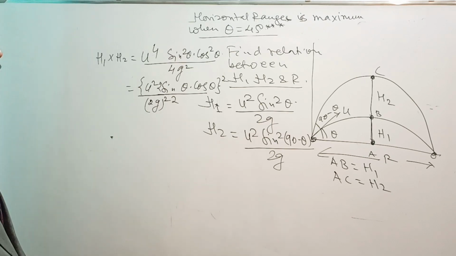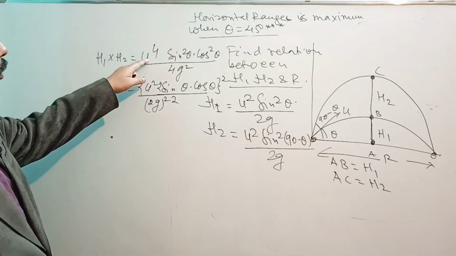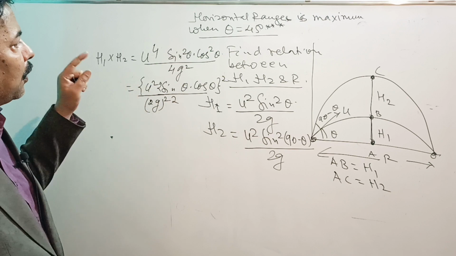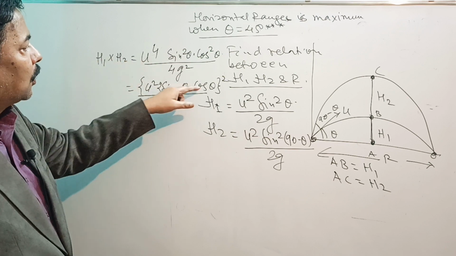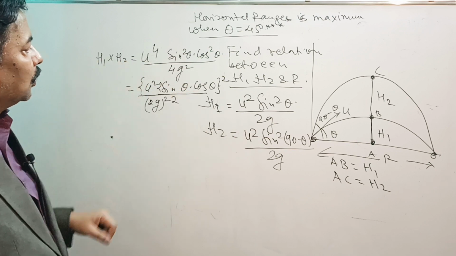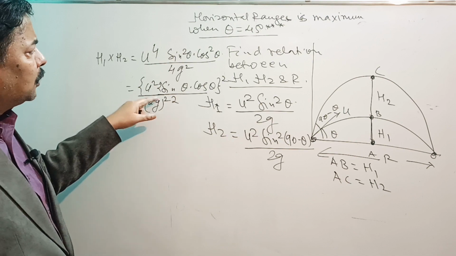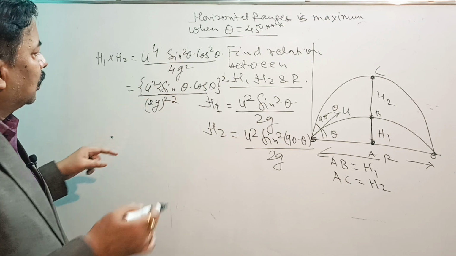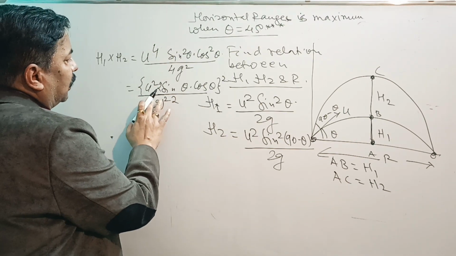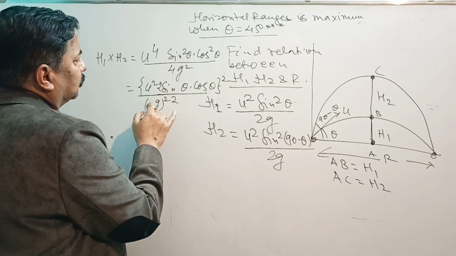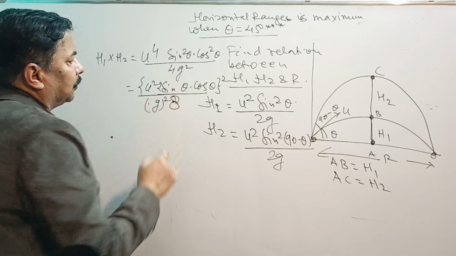We can write it in this way: u square whole square, u to the power 4, sine theta cos theta 2. Now this value is not required, g square into 8.